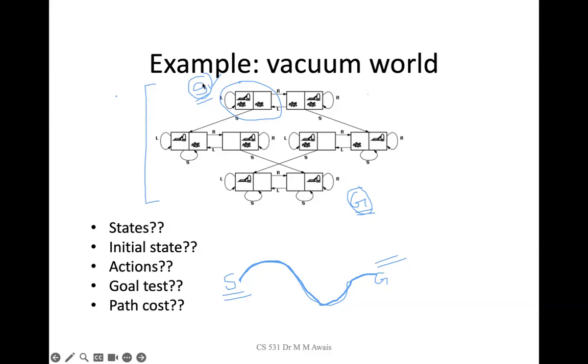So I guess we can start from the first state at the beginning, where the vacuum cleaner is on position A, or in room A. Then it cleans position A. After that, it moves to B, to the right, and then it cleans B. And this is our goal.